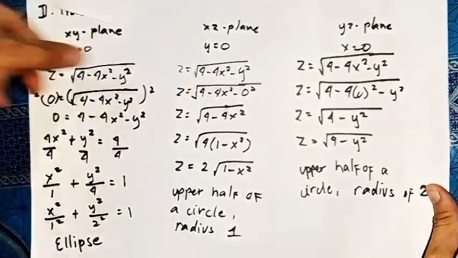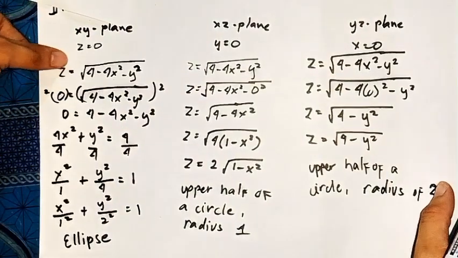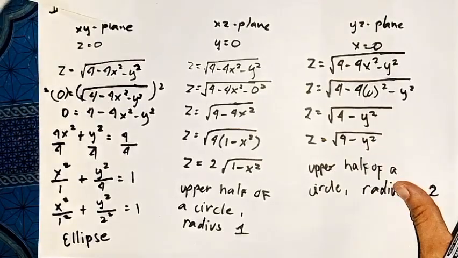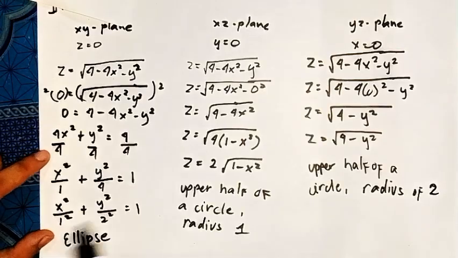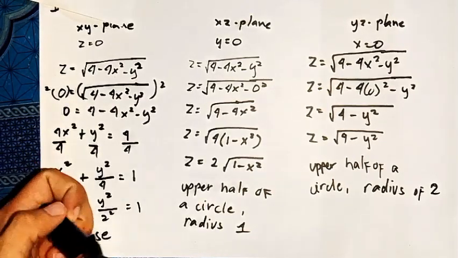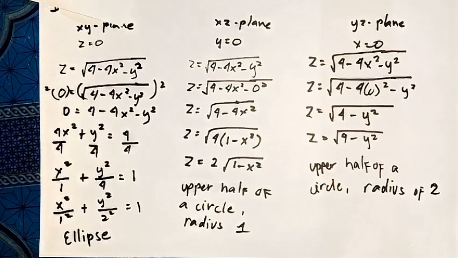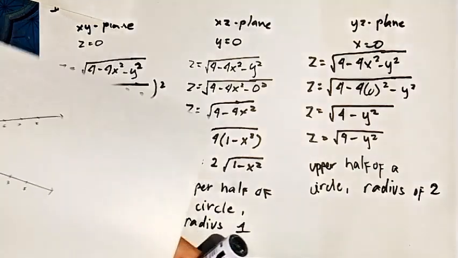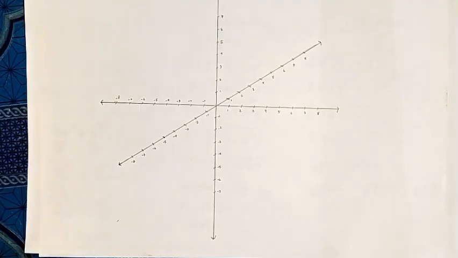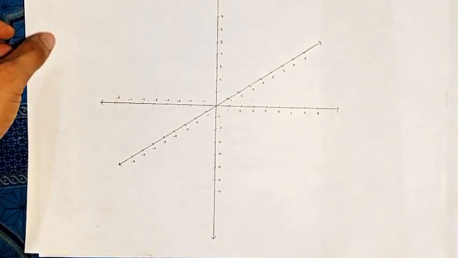Now, we can graph the function by that information, the intercepts, and these traces. We have an ellipse, half of a circle, and also half of a circle. So, let's graph the function. I already drew an x, y, z plane, or the Cartesian plane.